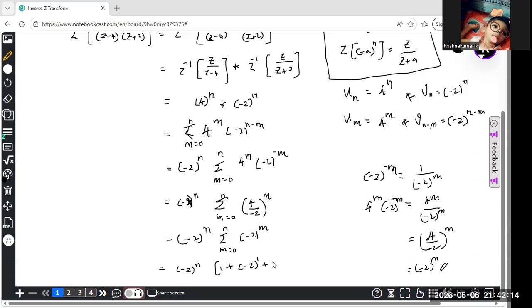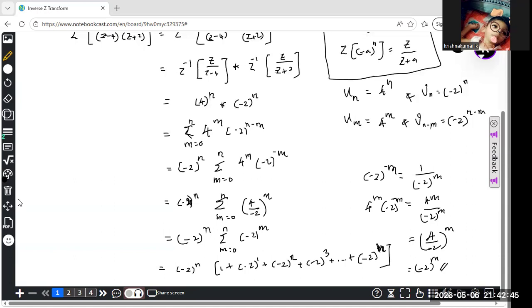If m is equal to 2, then that will be (minus 2) power 2. Next, (minus 2) power 3, and so on. This m takes the values up to n, so the last term will be (minus 2) power n.